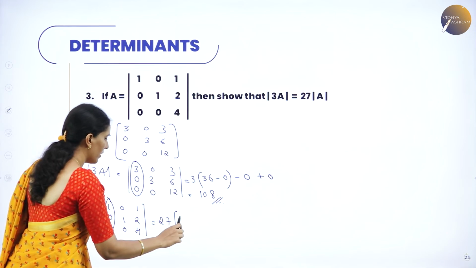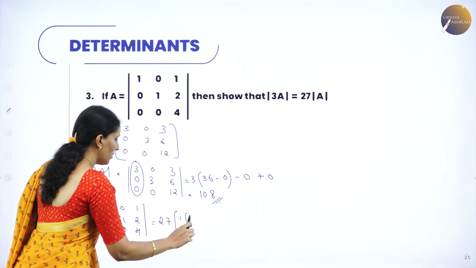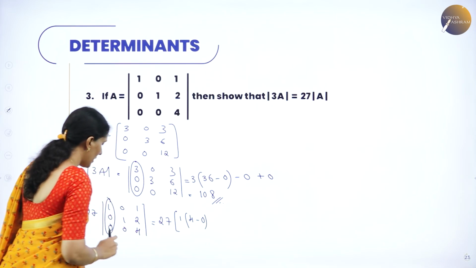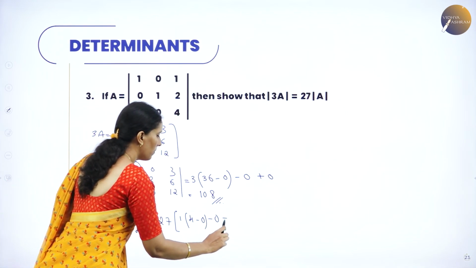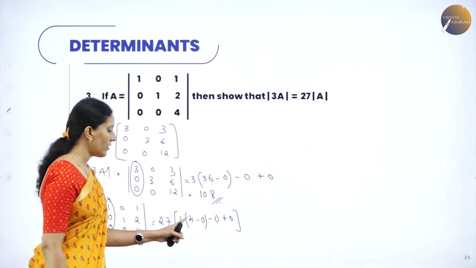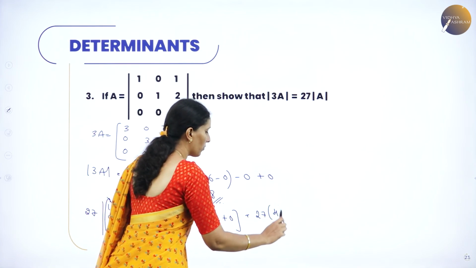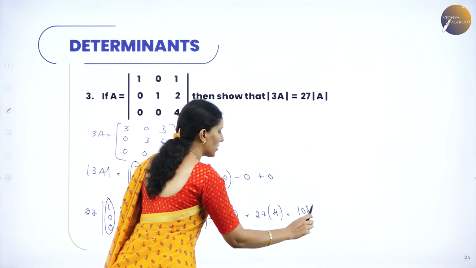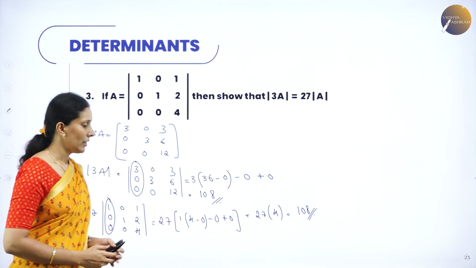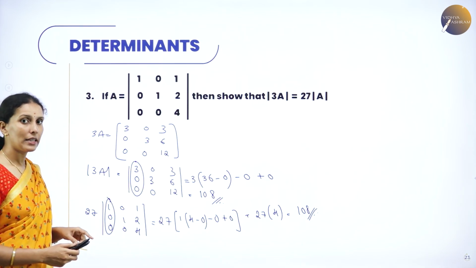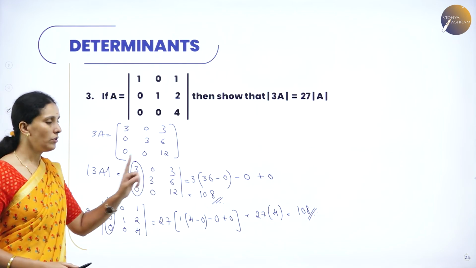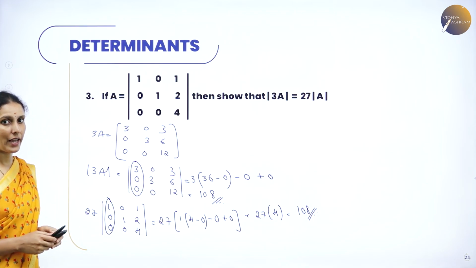So 1 into 1 4s are 4 minus 0. Again we will get minus 0 plus 0. So 1 4s are 4, and we get 27 into 4, which is 108. Thus determinant of 3A is nothing but 27 into determinant of A, and hence we have proved it.